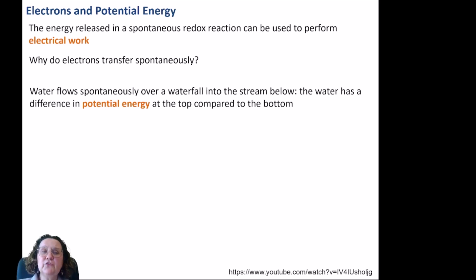In a similar way, you can think about electrons flowing spontaneously from one compound to the other as a sort of waterfall, and that potential energy can be harnessed and used to perform electrical work.